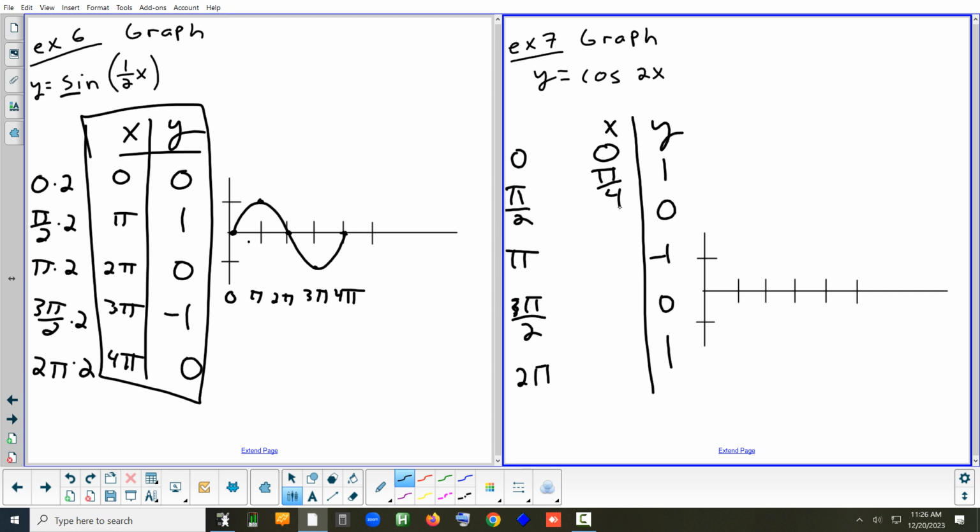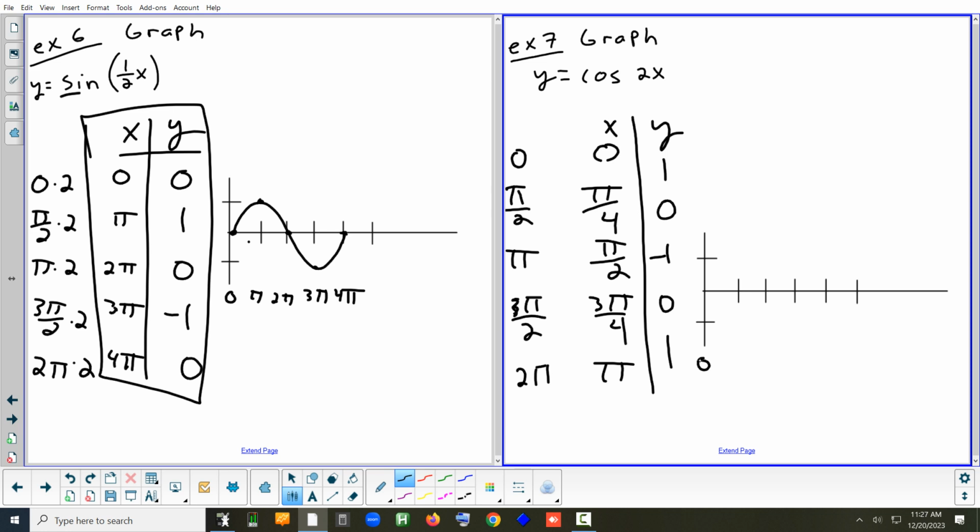And then half of pi is, well, just say half of pi. Sorry, I didn't line these up well. What's half of 3 pi over 2? 3 pi over 4. And what's half of 2 pi? 1 pi. Yep. So we divided all the x values by 2.